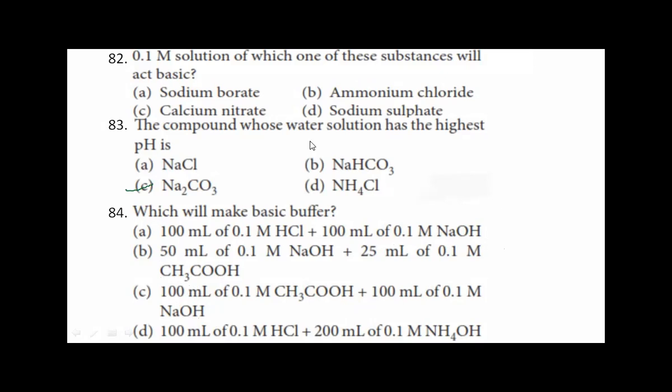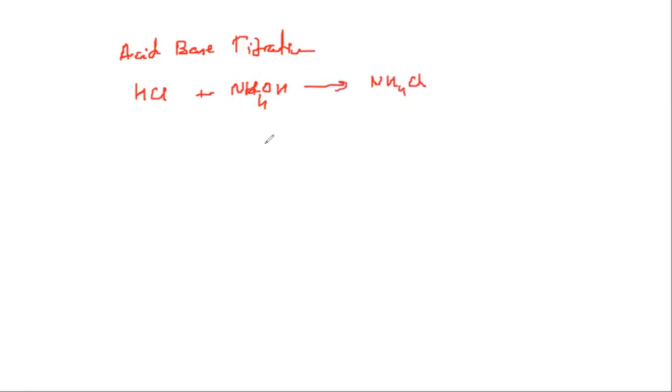Now see here, when we talk about basic buffers, we need to consider acid-base titrations. HCl plus NaOH gives me what? Okay, HCl plus, let me take NH4OH, a strong acid and a weak base. I will get NH4Cl.